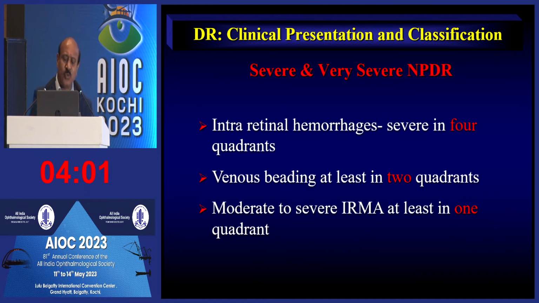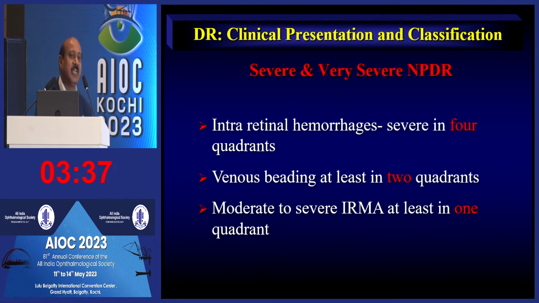So, why is this important? Severe non-proliferative diabetic retinopathy or very severe needs to be identified. We have given three points. One is intraretinal hemorrhages of severe nature. You need to identify 20 retinal hemorrhages in one quadrant. That you need to remember. Any general ophthalmologist can also assess.